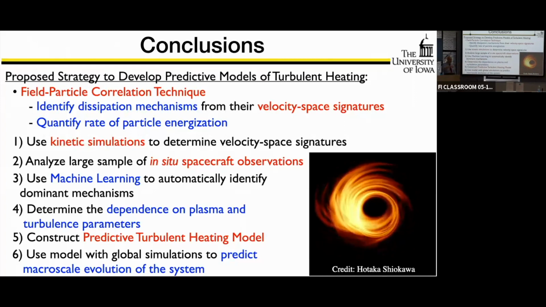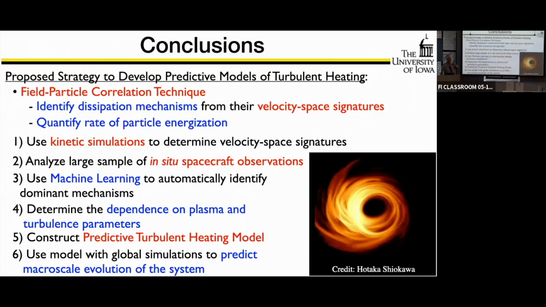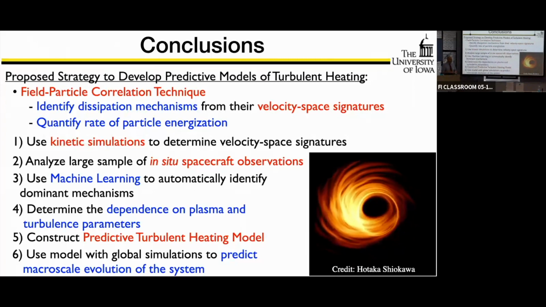You go to a single point, you have some time series of measurements, you average over that, and you get some signature. And of course, if you have some arbitrary simulation domain and choose 100 points in it, maybe for 70 or 80 of the points you don't see anything. There's nothing interesting. But at the points where you do, you're going to get a signature, and then you need to look at what that velocity space signature is and try to identify the mechanism.